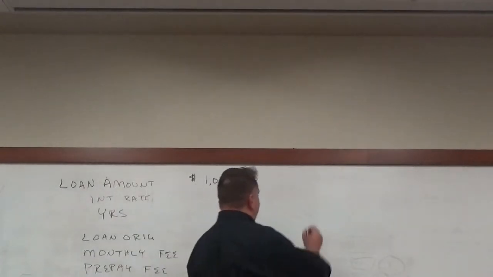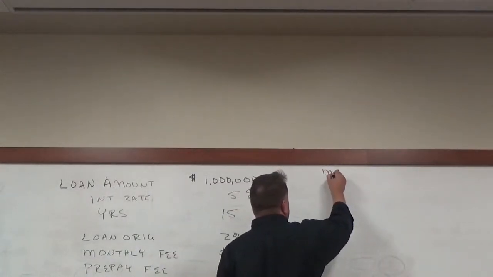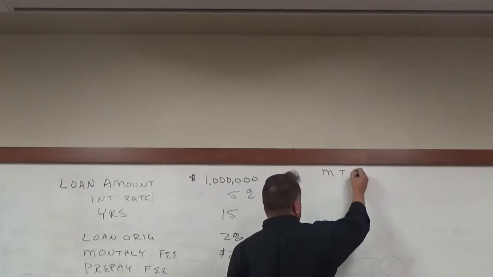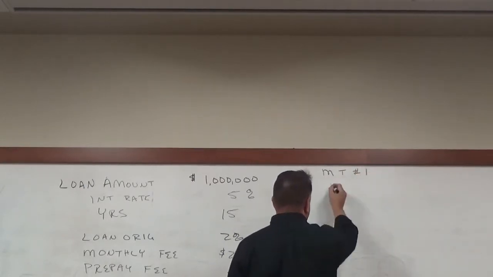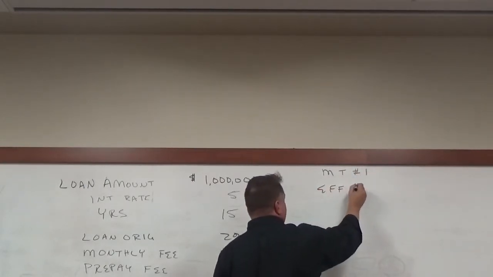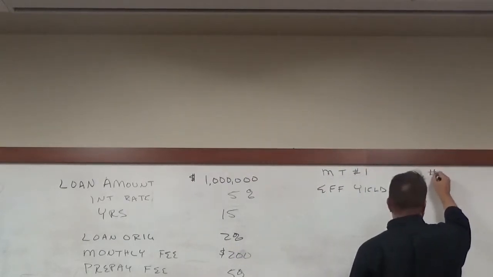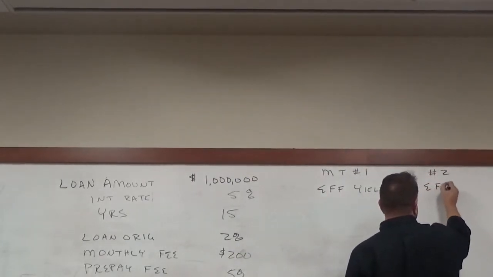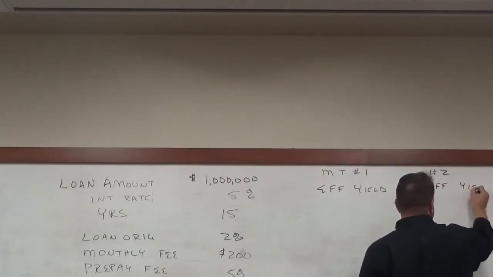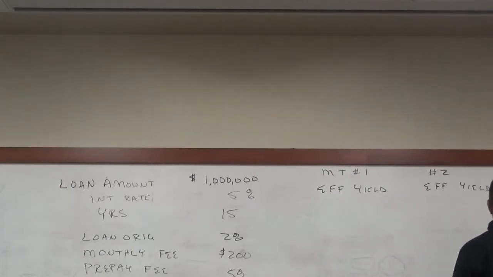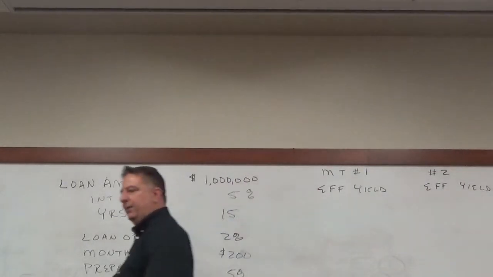I want you to give me 3 answers. Mortgage type 1, what is the effective yield? Mortgage type 2, effective yield. And mortgage type 3, effective yield. So we're not going to change any of the interest rates.